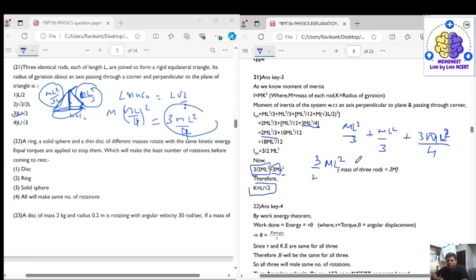Total mass of the 3 rods is equal to 3m into radius of gyration k whole square. So 3m and 3m cancel out. We get k square is equal to L square upon 2. So k is equal to L upon root 2. So the correct answer is option number 3.